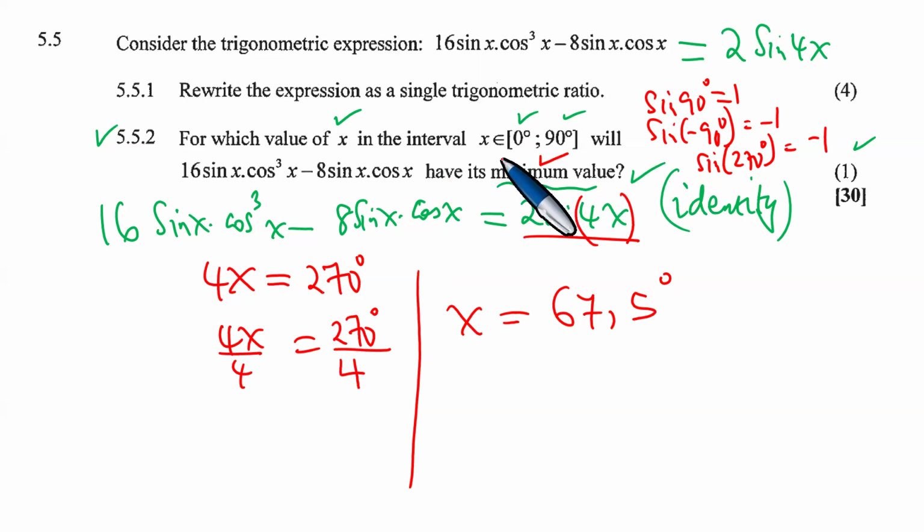The values of x must be between 0 and 90 degrees. The sine of minus 90 is minus 1. The sine of 270 is also minus 1. But 270 is more appropriate because it's a positive angle, right? Okay, right. So yeah, good.